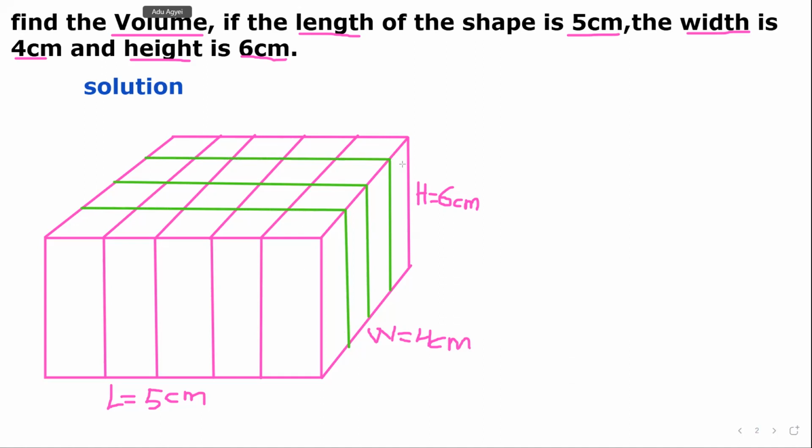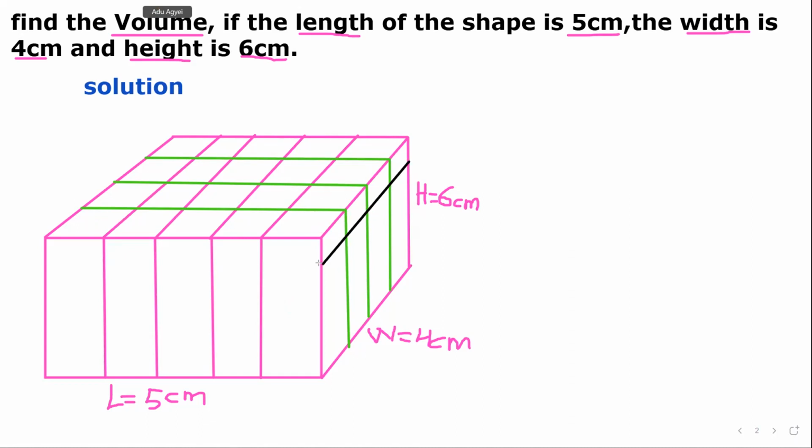Now you have done with the width here. All the width here has also been divided into 4 equal parts. 1, 2, 3, 4. 1, 2, 3, 4. 1, 2, 3, 4. Then the height too must also be divided into 6 equal parts. So we must divide the height into 6 equal parts here. Now you have this side.